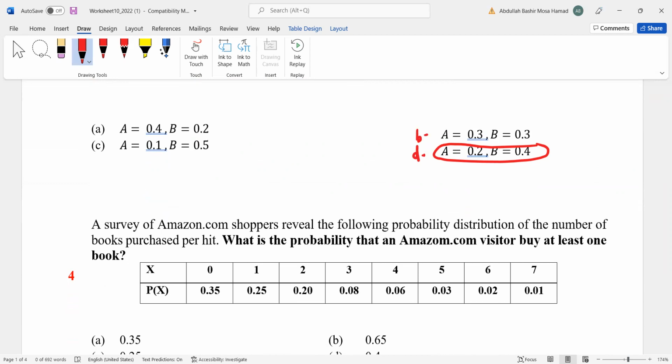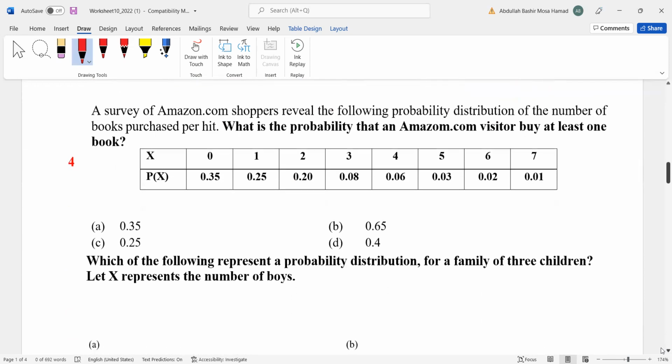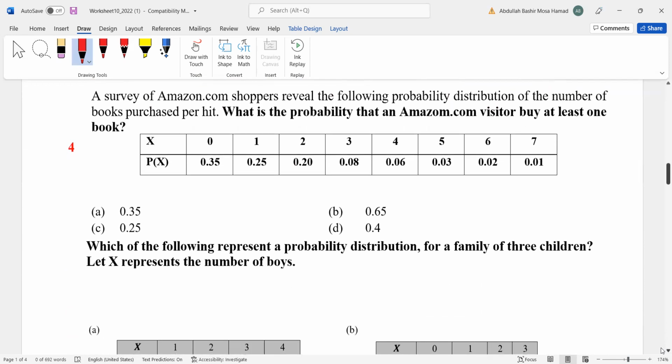Let's see the fourth question. A survey of Amazon.com shoppers revealed the following probability distribution of the number of books purchased per hit. The discrete probability distribution is described here: 0 books, probability 0.35; 1 book, 0.25; 2 books, 0.2, and so on.